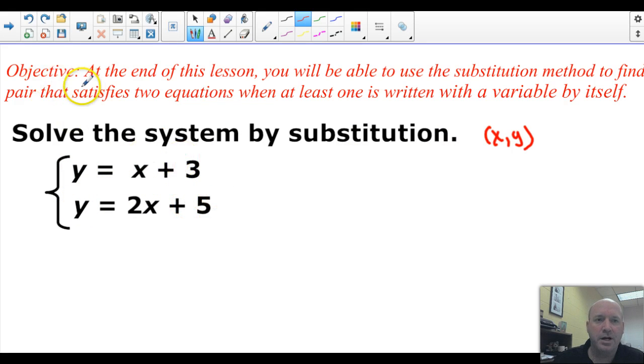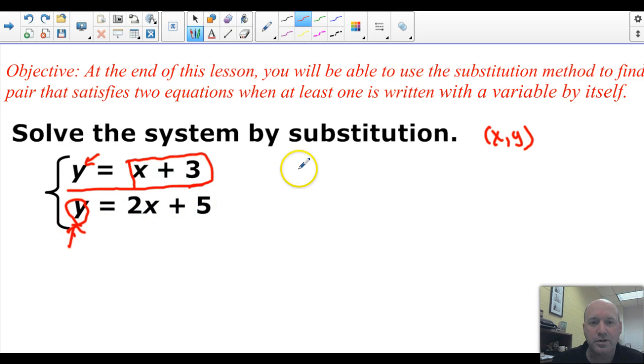Now, this first objective is that we're able to use this substitution method when at least one of the equations has a variable by itself, and in here, both of them have y by itself. I'm going to choose to substitute the expression x plus 3 for this y in the second equation.